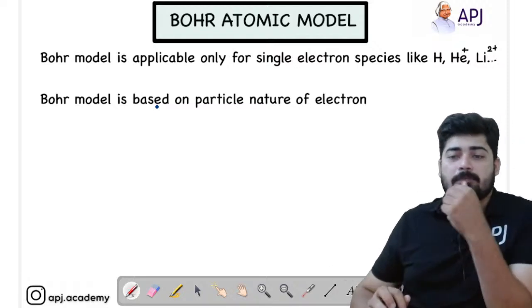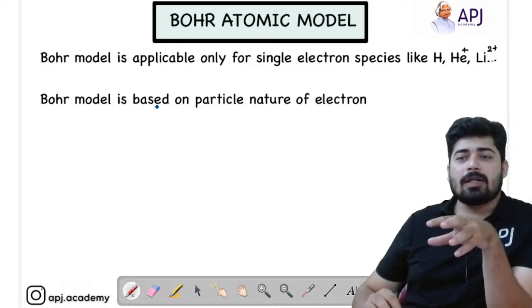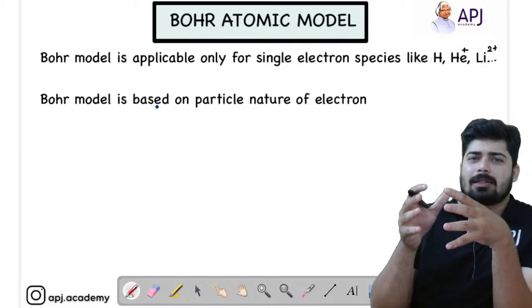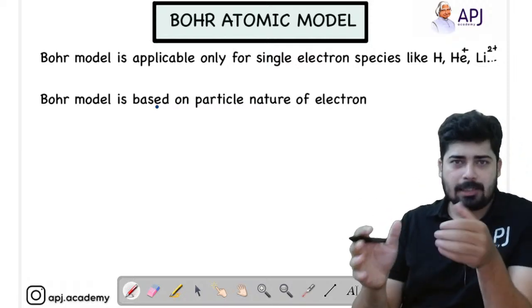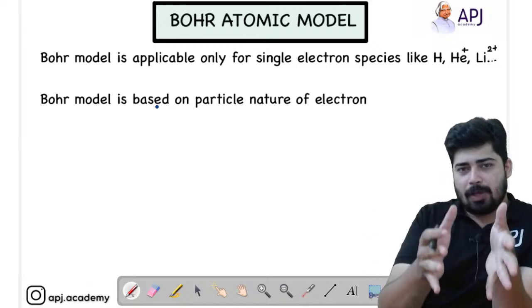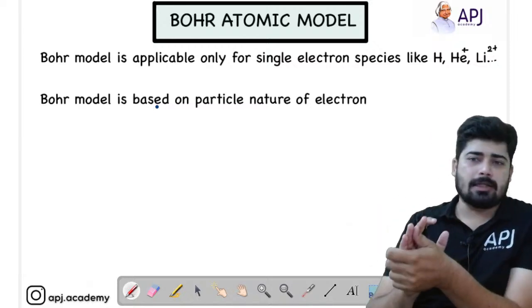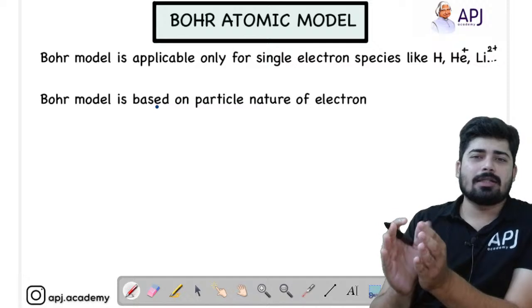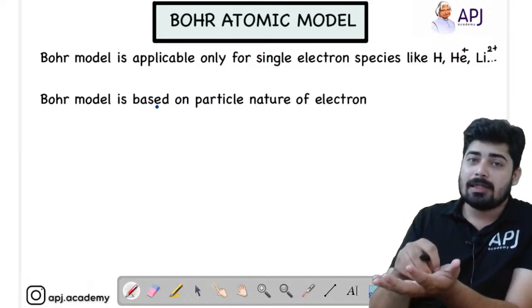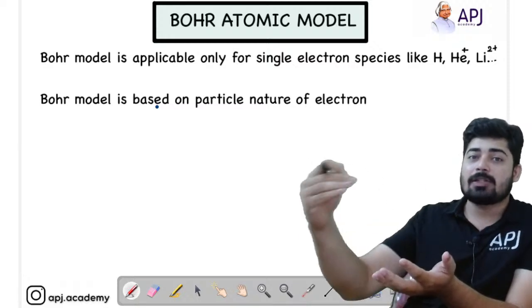Now, the Bohr model is based on the particle nature of the electron, and we also know that the electron has dual nature, so it has wave nature as well as particle nature. Here the Bohr model is entirely based on particle nature, because Bohr couldn't recognize the wave nature of electrons.